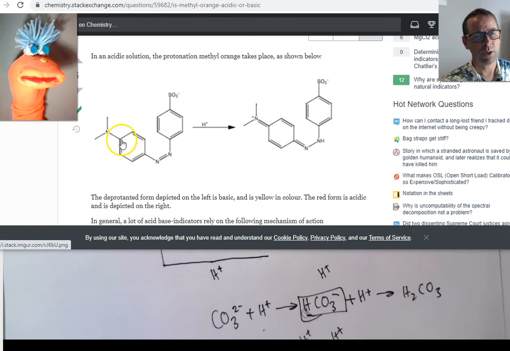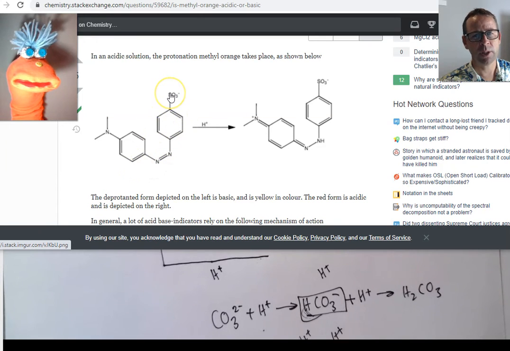Very good. Everywhere there's an end to a double bond, there is a free p orbital. You see that? See how here there's one, here there's one, and so on. And there is for sure even one on that sulfur, and there's one on that nitrogen.